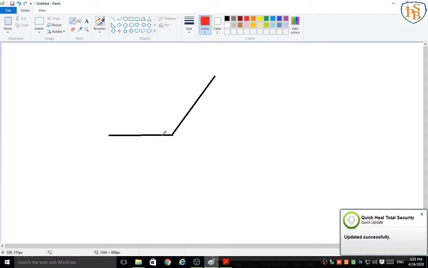Like this only, the angle you have in your book. So by using this angle I will draw one picture, you just tell me the name.